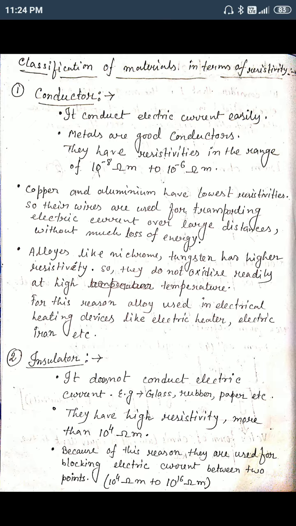For example, glass, paper, wood, and rubber have very high resistivity, in the range of 10 to the power 14 to 10 to the power 16 or 17 ohm meter. That's why they are used for blocking the electric current.